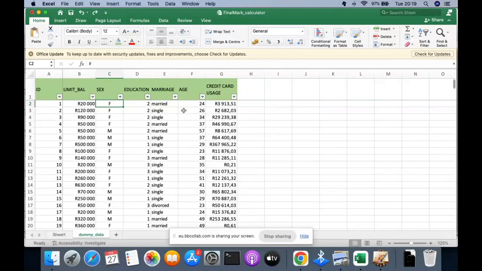Okay, so here it's female. Let's say this is me, I'll make it male. So this captures information about me. My limit on my credit card is 20,000. That's my gender, my education.